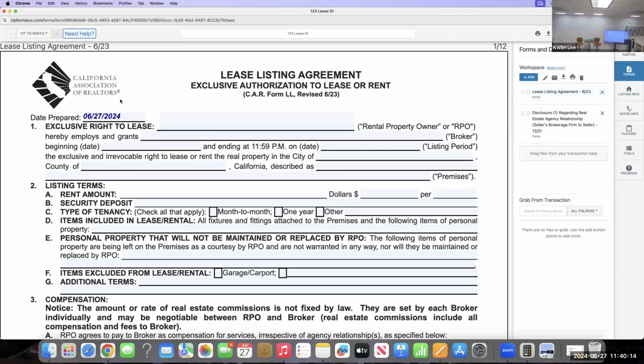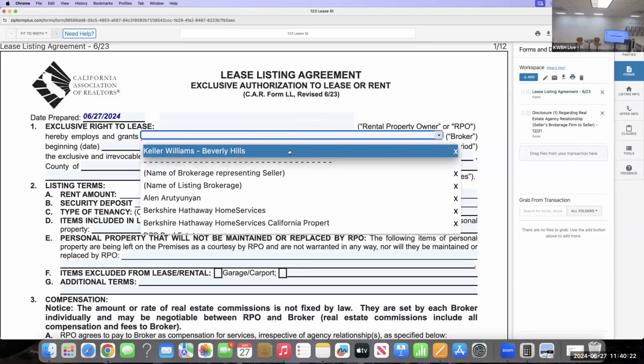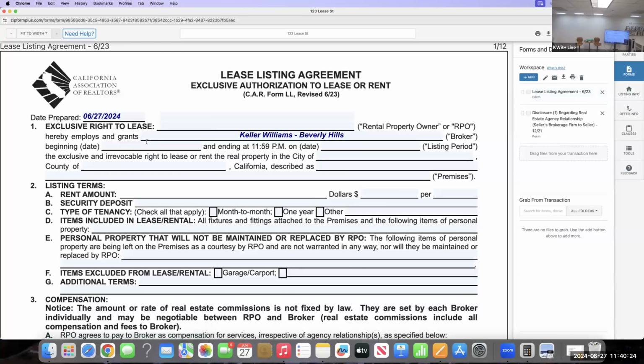Date prepared is today. I'm just gonna click on today's date. The rental property owner is the name of the landlord. Hereby employs and grants Keller Williams, Beverly Hills. And when does the lease start? Start today, tomorrow, whenever I get my photos ready, right? So I don't want to post date this.